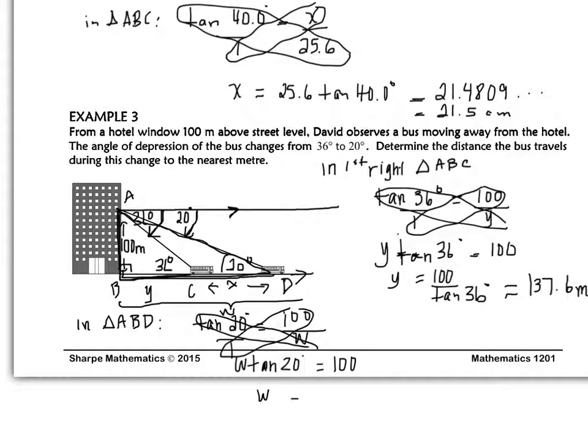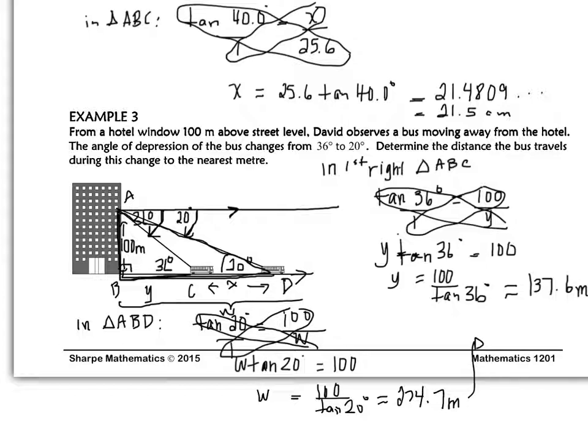So W would be left on the left side by itself, and we'd have 100 divided by tan 20 on the right side. So 100 divided by tan 20 will be 274.7 meters.